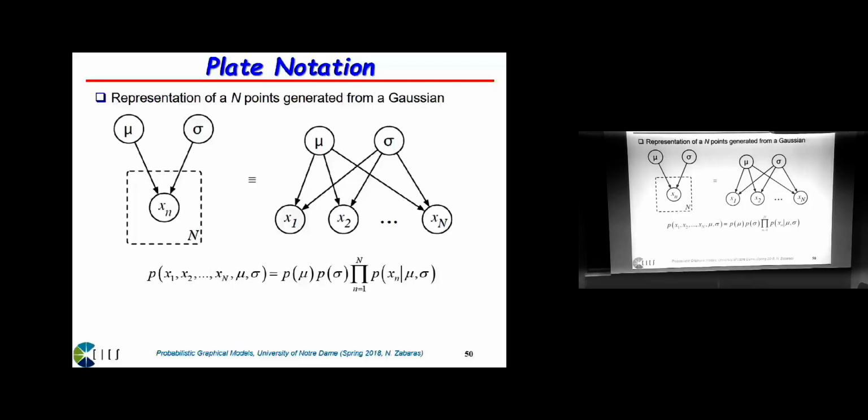The joint distribution is P of mu, P of sigma, and then you have n instantiations of the probability of x given mu and sigma. These are its parents. So this is one option, where you have everything indicating that every node x depends on mu and sigma, or you can prefer this. This is clean. It's a much cleaner notation.